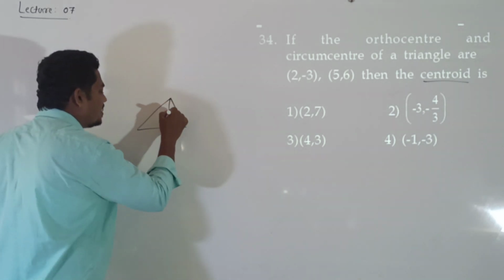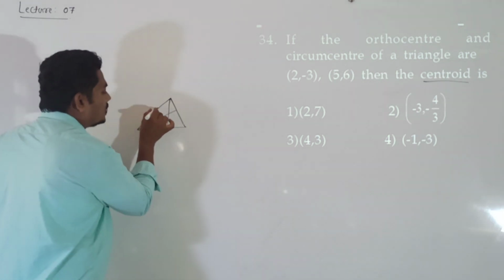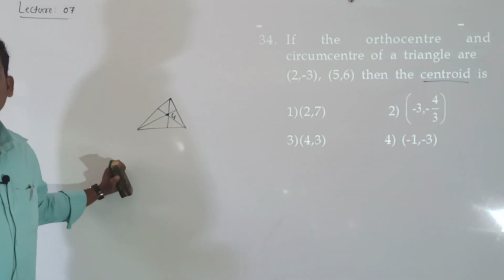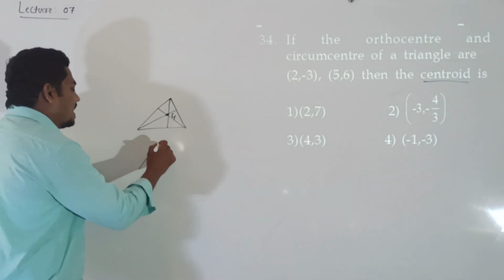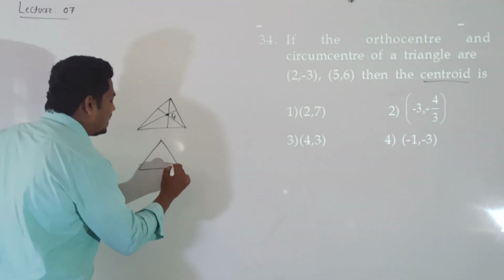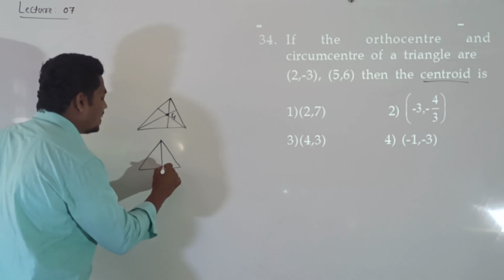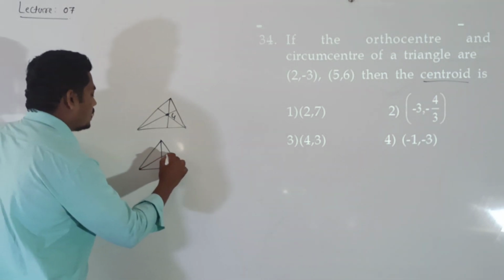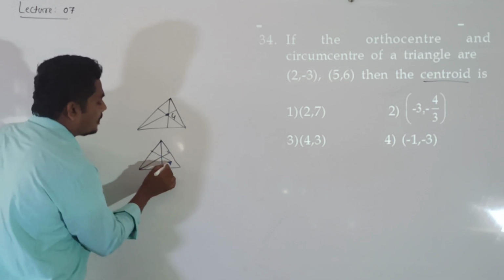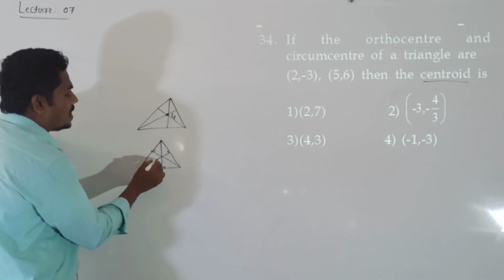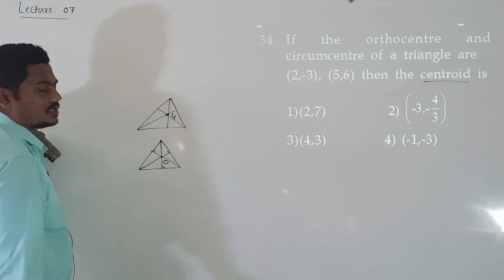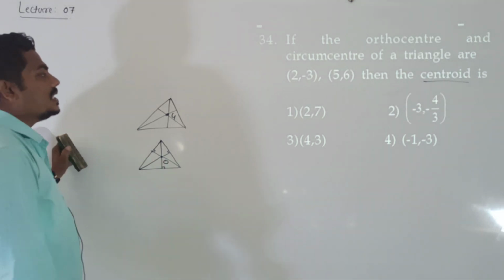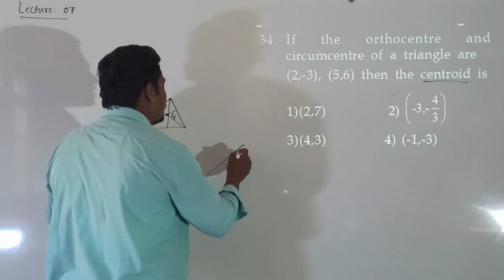Point of intersection of medians is the centroid and it is denoted with G. Then what is orthocenter? Point of intersection of altitudes. Altitudes are perpendicular to the opposite side. Point of intersection of altitudes is the orthocenter.